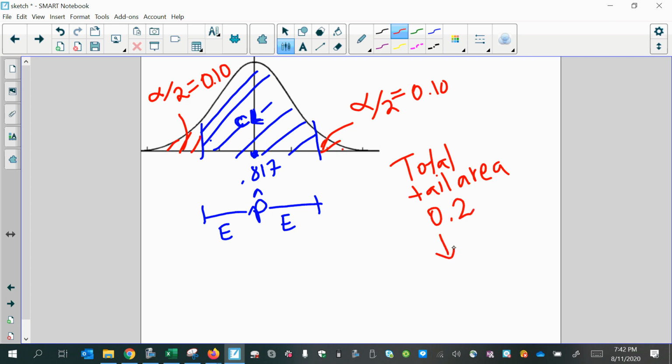And so that would mean that my confidence level will be 1 minus that, 0.8. Right? So there's an area of 0.8 in between and an area of 0.10 in each tail. Well, all that means is that your critical value will be the same as it was in the hypothesis test. So that's also an easy way of remembering.